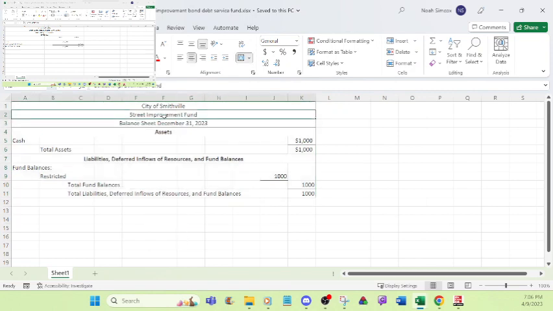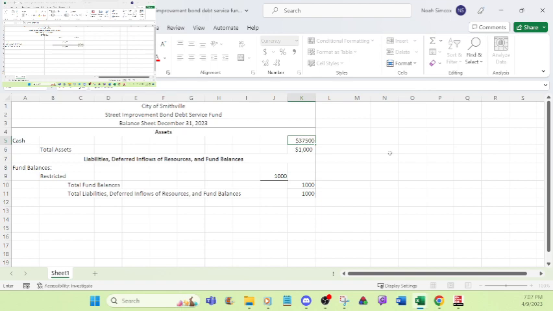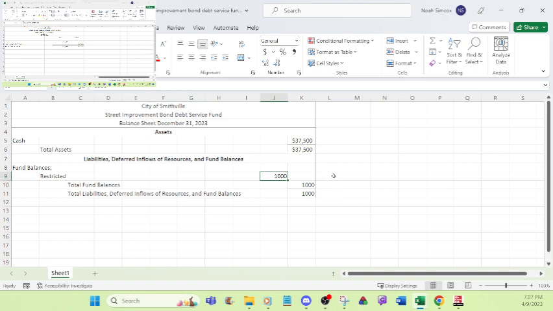The only difference is that this is going to be called the Street Improvement Bond Debt Service Fund, and then it's going to actually be 37,500, 37,500, and then wait, what am I doing?